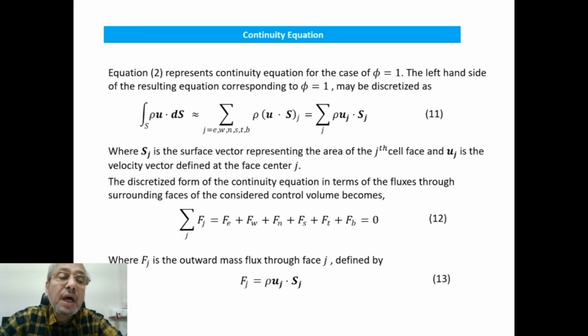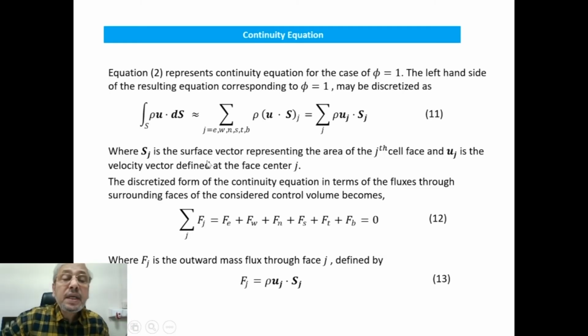So only the first term will be there, which will contribute as the surface integral of rho u dot dS. In this case, it is basically the summation of rho u dot S over J surfaces, where J means eastern, western, northern, southern, top and bottom surfaces. So it is summation over J of uj dot Sj.